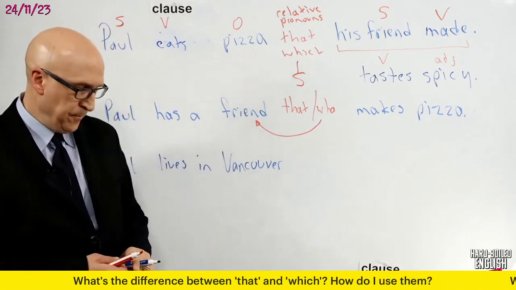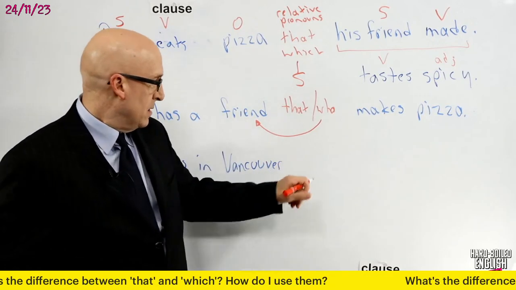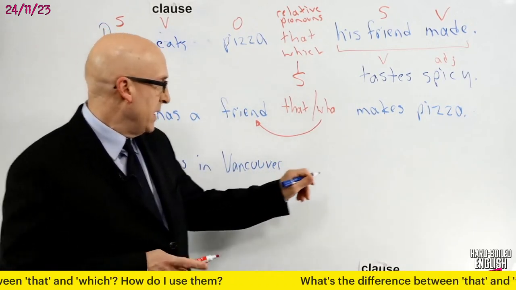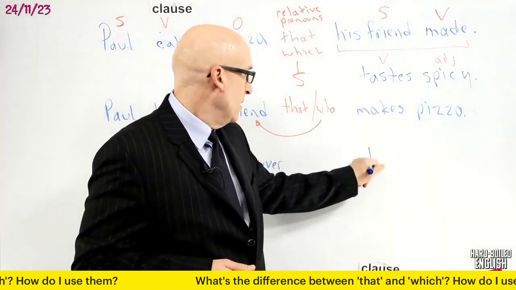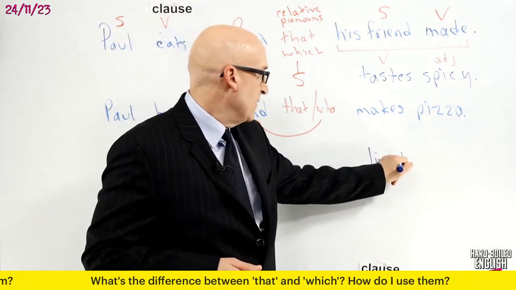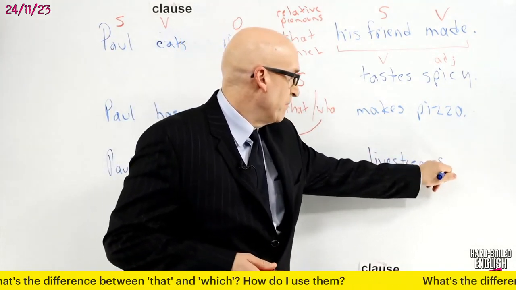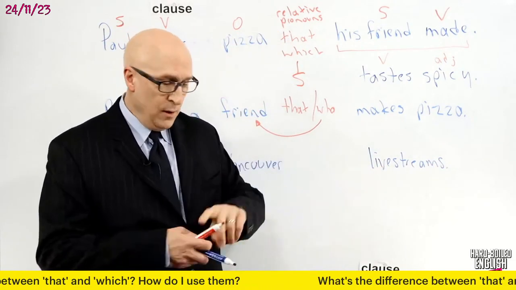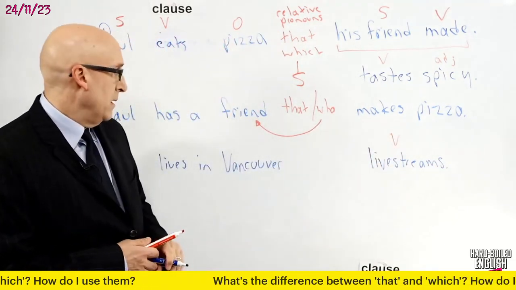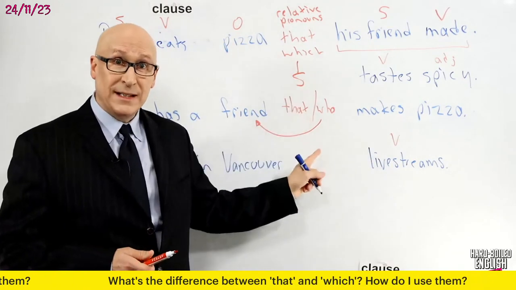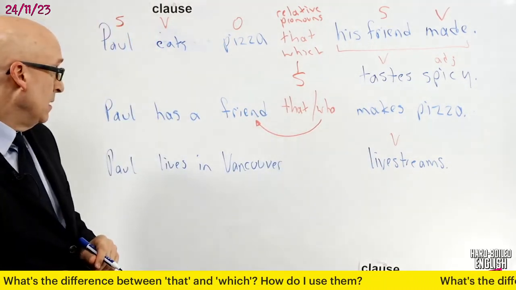It's a place. And let's say Paul lives in Vancouver, where he live streams. Live streams is a verb. And we have no subject, so we definitely need a relative pronoun.